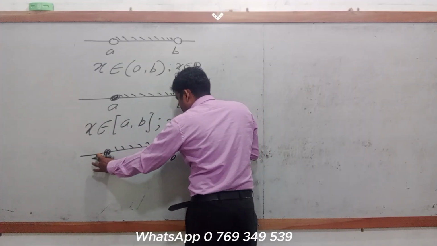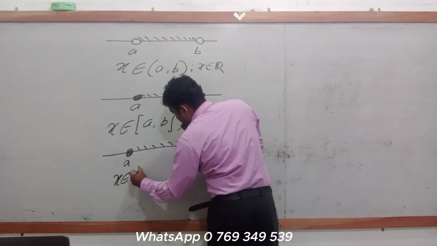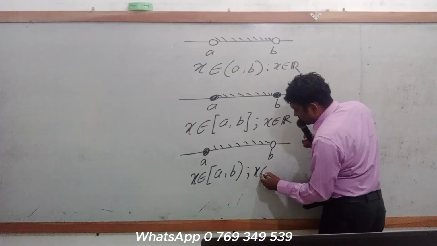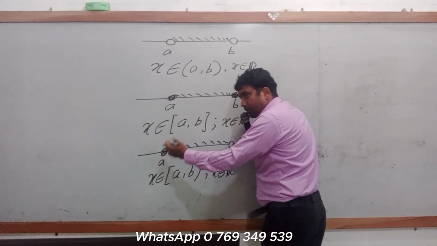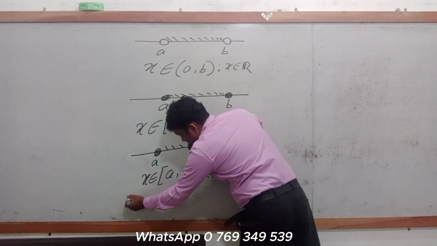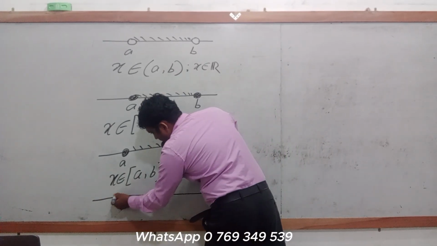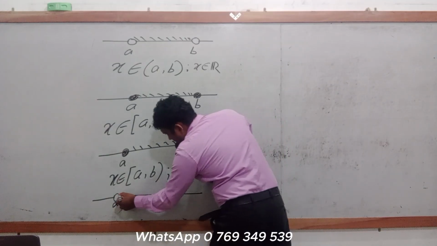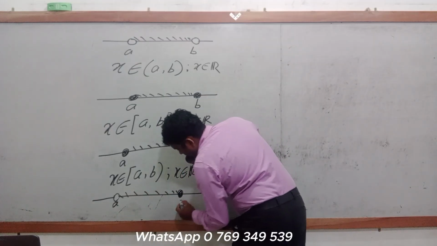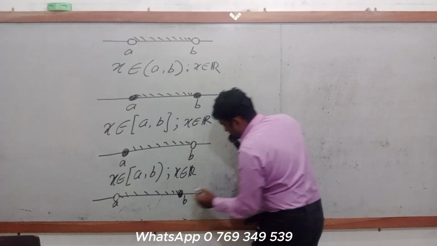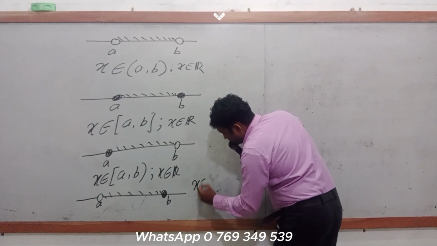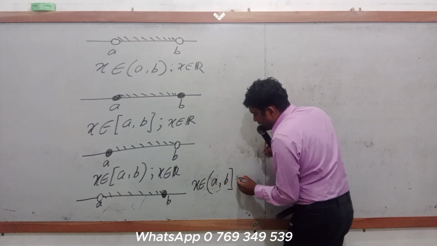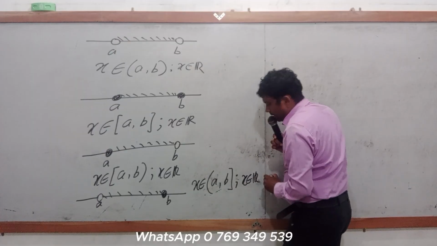This is the left side, left closed bracket, and here X belongs to [A, B), with a square bracket and a round bracket, and X belongs to R. Here is the left closed interval and here the right closed interval. Here A is open and B is closed, black. And X belongs to (A, B], round bracket then square bracket, and X belongs to R.